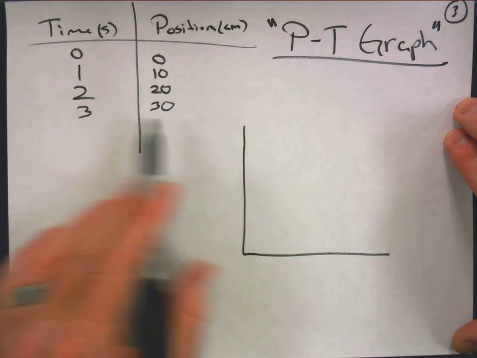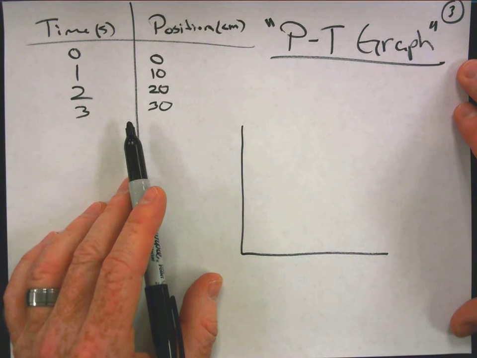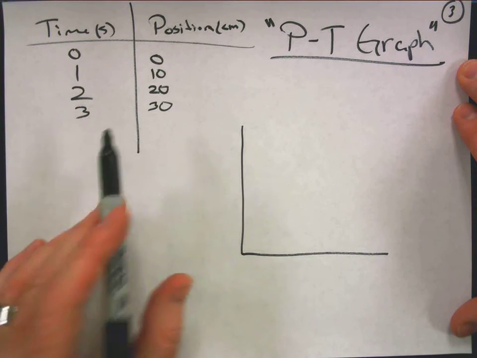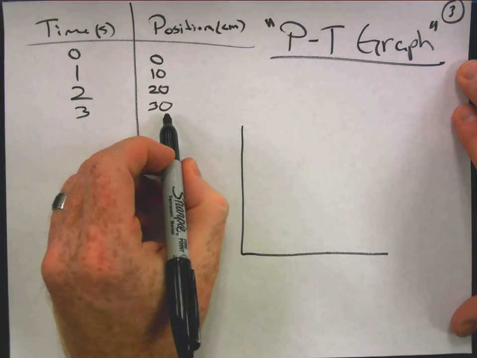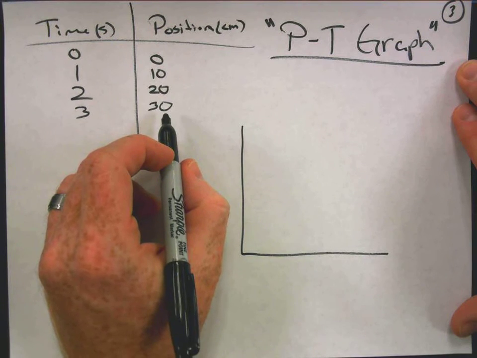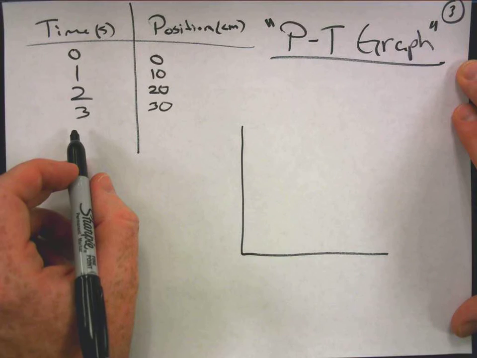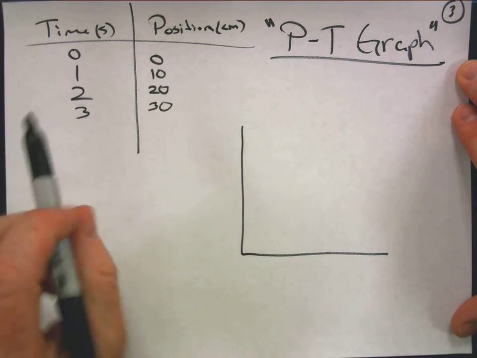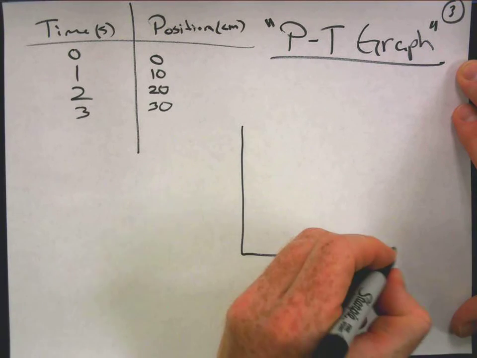Which one of these are we calling the independent variable? Which one of these are we watching to see what happens? And which one of these do we simply say, you know what, it's not that we're in control of it, but it's just the one that's happening. We're looking at position. We're watching the position change. That's the one that depends on the time, how much time has gone by. So here's our independent variable, time. Here's our dependent variable. Put the independent variable on the x-axis.